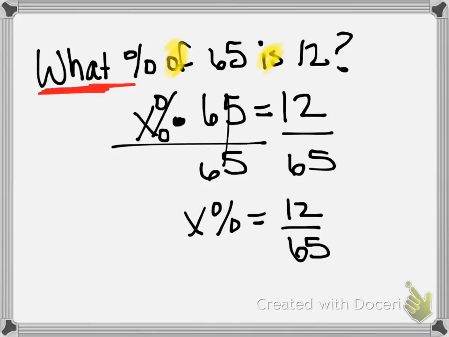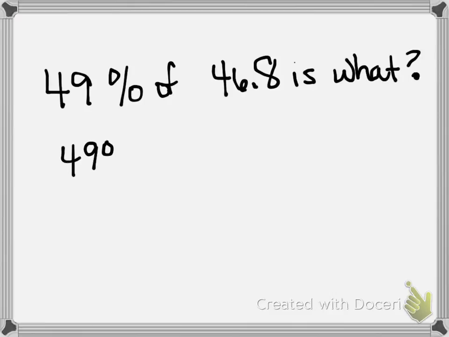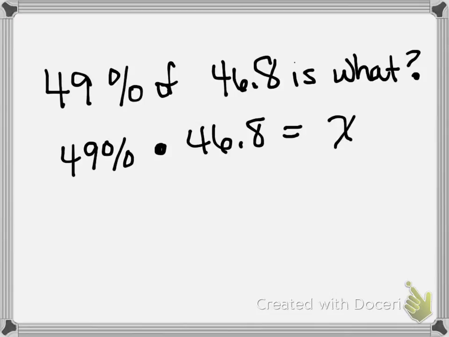And then sometimes we'll say things like this. This is number 56. 49% of 46.8 is what? Well, fill in what I just told you. 49% times 46.8 equals x. Now right here is the key.